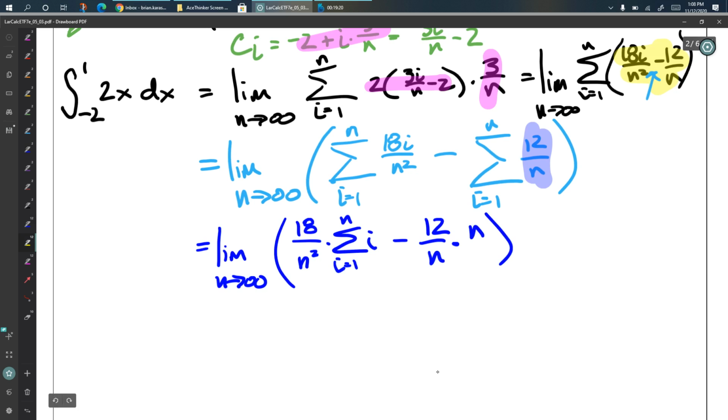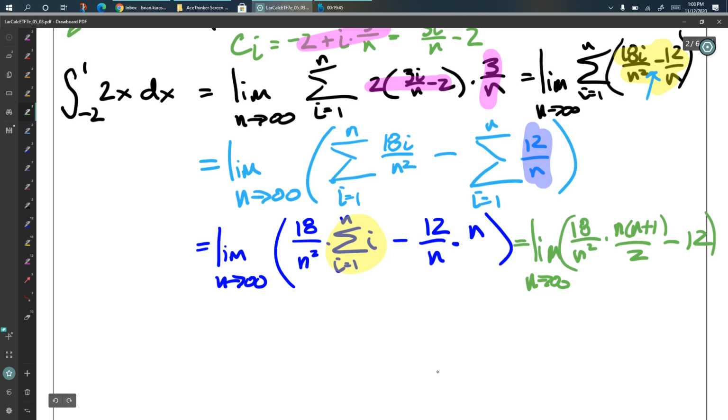So now I'm going to use the formula for this and clean this up a little bit more. So now I have the limit as n approaches infinity of 18 over n squared times n plus 1 over 2 minus 12.